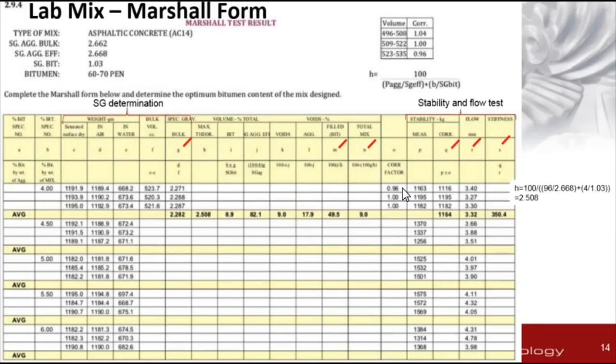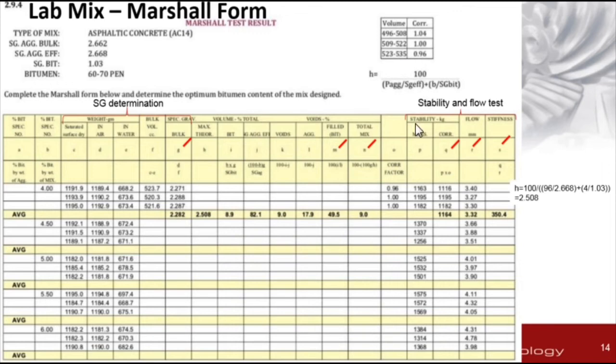First, what you need to do is to refer to bulk volume in column F. You can refer to your Marshall form. So the first value for bulk volume in column F is 523.7. By having this value, you can refer to the small table where this value is between 523 and 535, and the correction factor can be selected at 0.96.